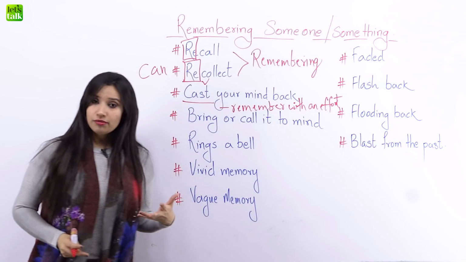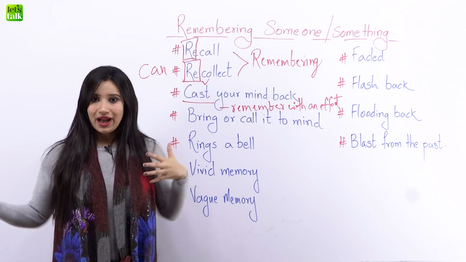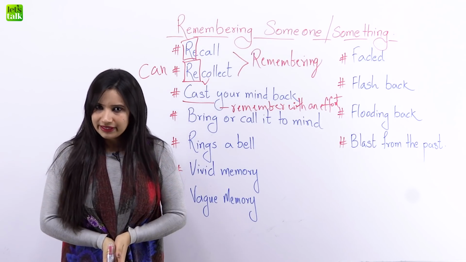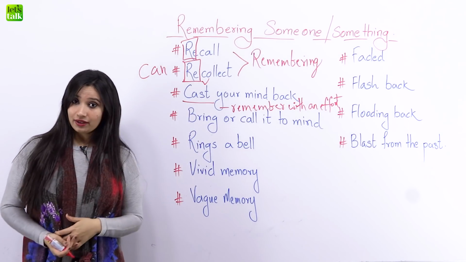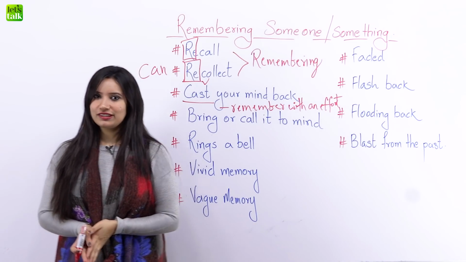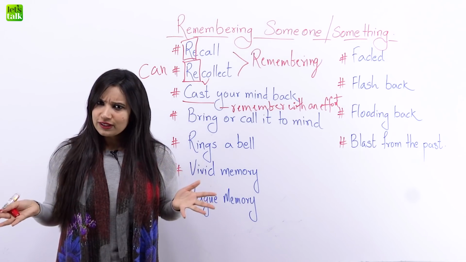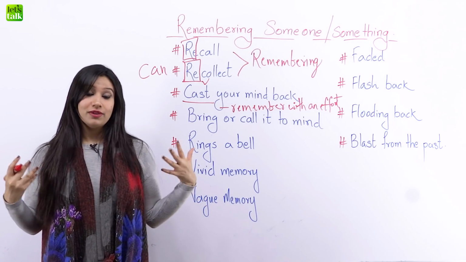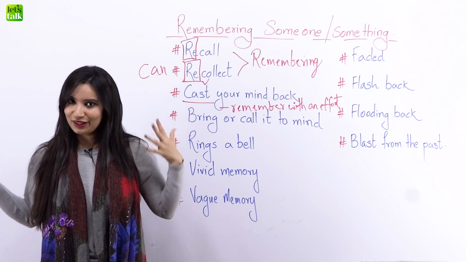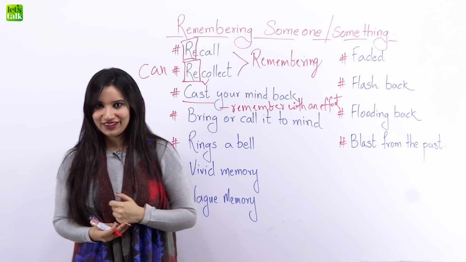If you're trying to remember something difficult from the past, which you are not able to remember completely, you'll say, cast your mind back. To use it in a sentence, you could say, cast your mind back to that evening. Didn't she seem so sad? So you're trying to remember something from the past, and you need to put in some effort for it.